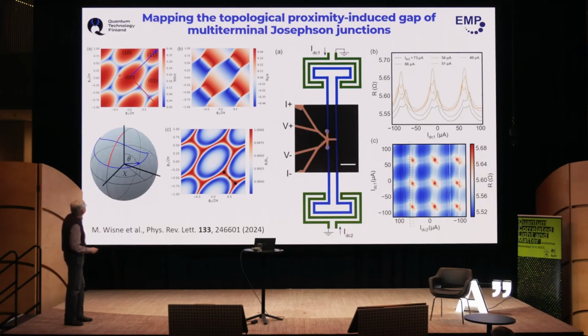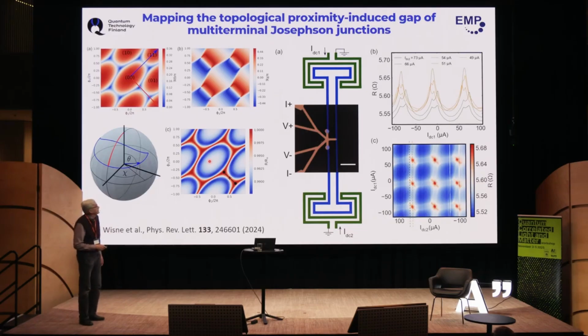And now here, if you go from here to here, then you go across zero gap, so you change the topological numbers. In the experiment, it's not exactly equally visible. This is what we measure, but still the resemblance of this plot with these plots here is pretty good. This is something that we are going to continue. At the moment, we are making a device using graphene, and we are going to have even more than 2 loops for phase biasing.